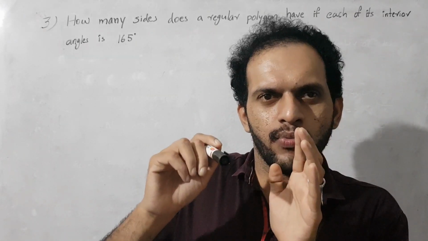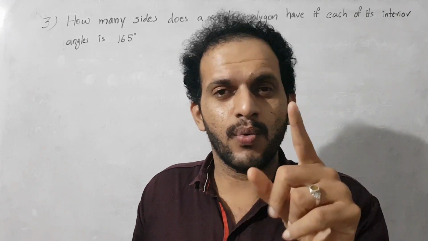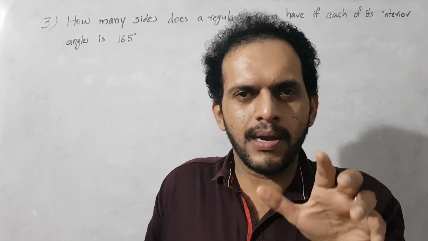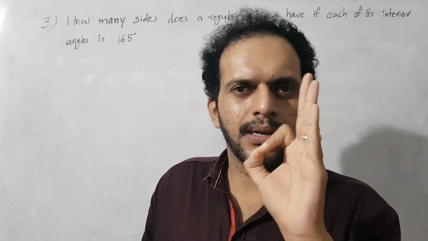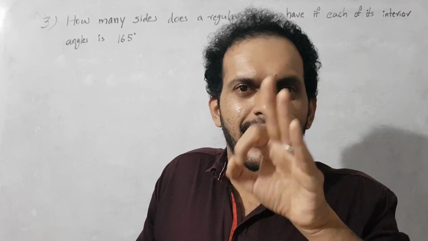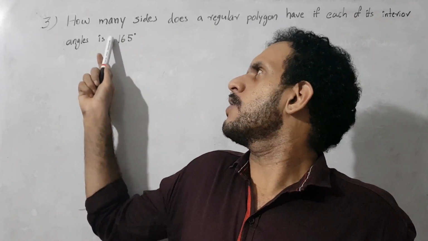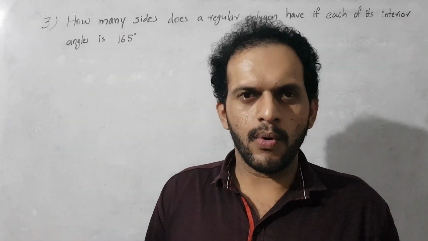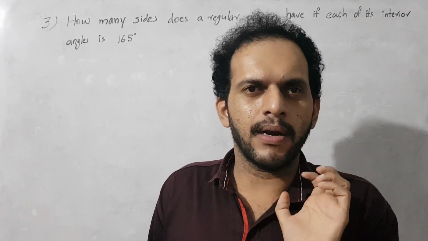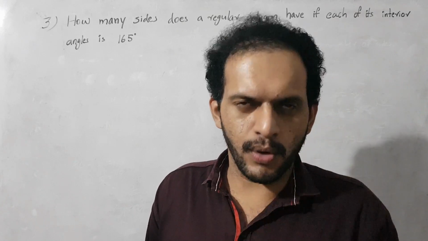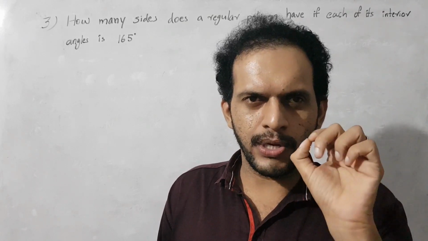Because at a vertex the sum of exterior and interior angle is equal to 180 degree. അല്ലേ? ഒരു വെർട്ടെക്സിലുള്ള ഇന്റീജറും എക്സ്റ്റീരിയറും ആഡ് ചെയ്താൽ 180 കിട്ടണം. അങ്ങനെ എല്ലാ വെർട്ടെക്സിലും കിട്ടണമെങ്കിൽ എല്ലാ ഇന്റീജർ ആംഗിളും 165 ആകുമ്പോൾ എല്ലാ എക്സ്റ്റീരിയർ ആംഗിളും സെയിം ആയിരിക്കണം. Otherwise we wouldn't get the sum equal to 180 degree. Correct?